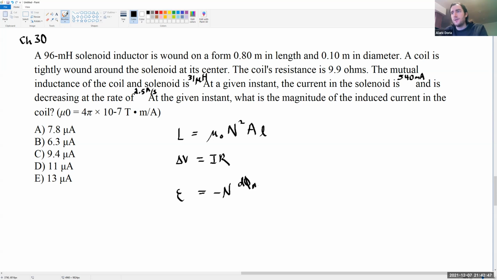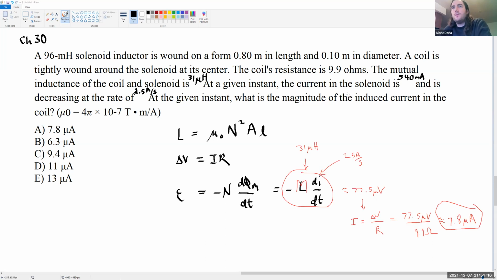So potentially many options here. This is also equal to minus L di dt. So a couple different formulas here might be relevant, and you'll have to decide which ones are useful and which are not. Okay, good luck on this one. We'll be back in just a second.